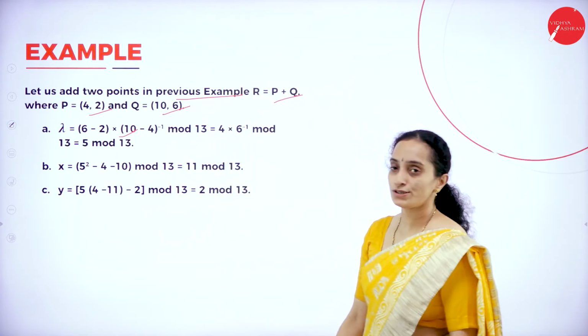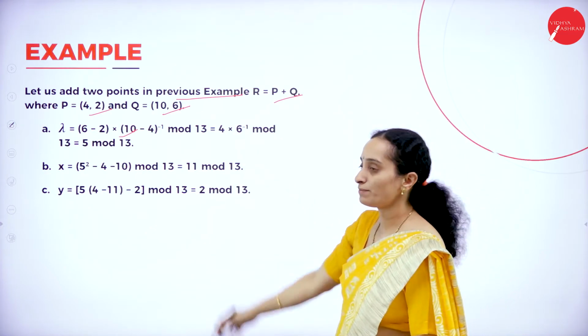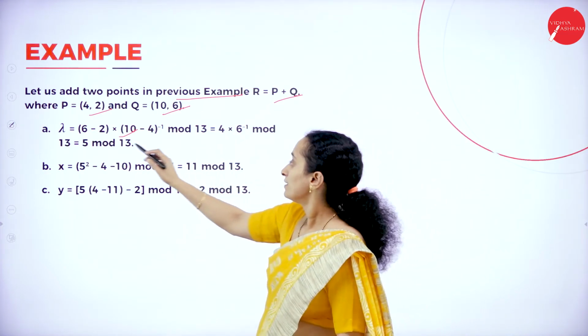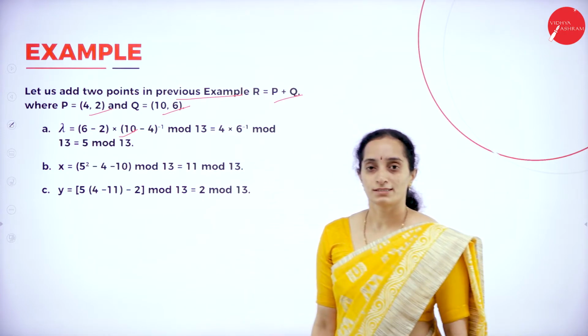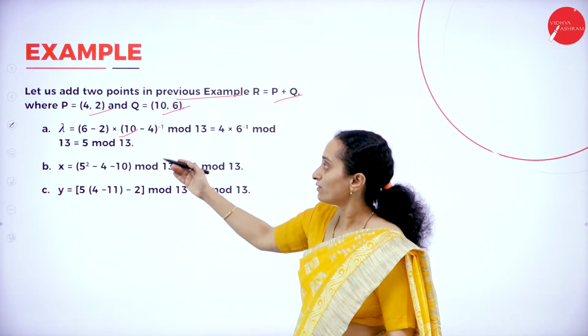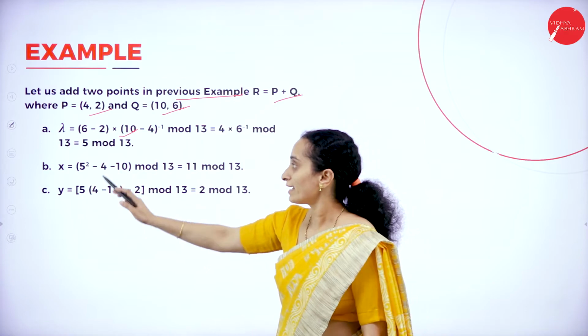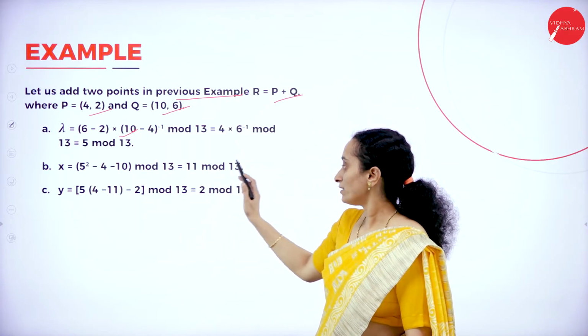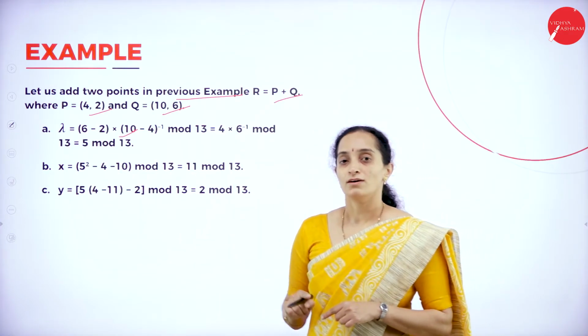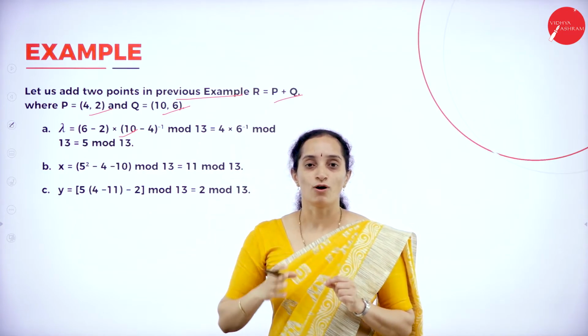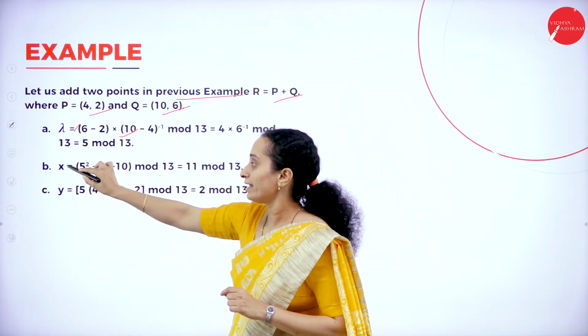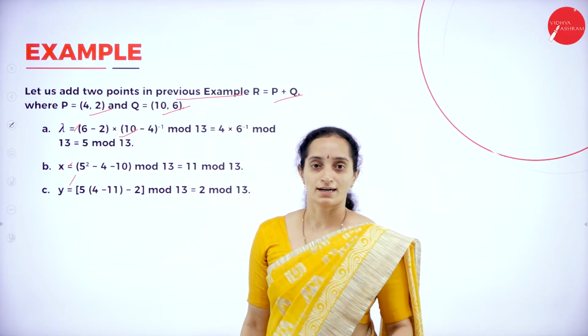We get 4 into 6 to the power of minus 1 mod 13, which is 5 mod 13. Then we use the other two points x and y on the curve or on the graph to find the third point on the curve.